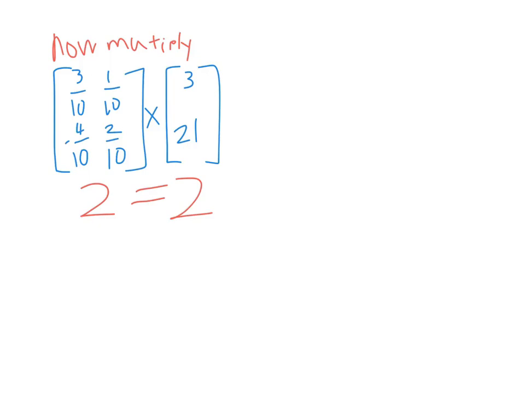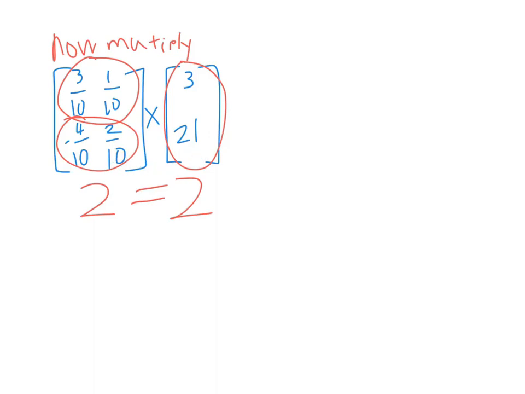So we learned before that it's going to be rows times the column. So it will be 3 over 10 times 3 plus 1 over 10 times 21 on the first row. And in the second row will be negative 4 over 10 times 3 plus 2 over 10 times 21.